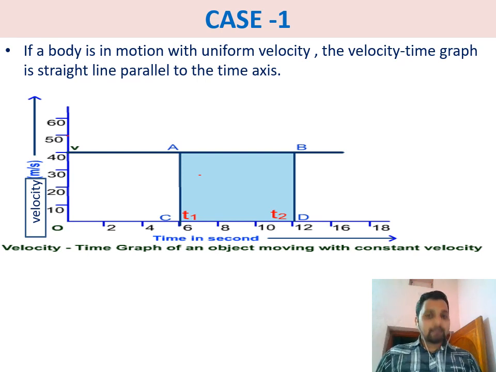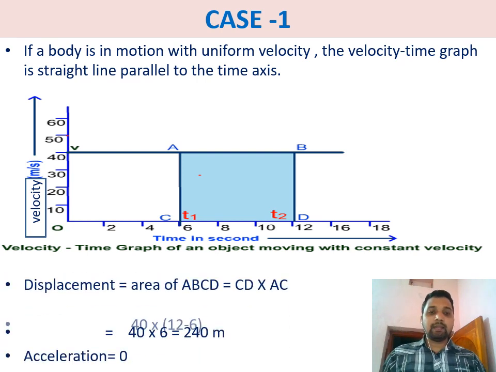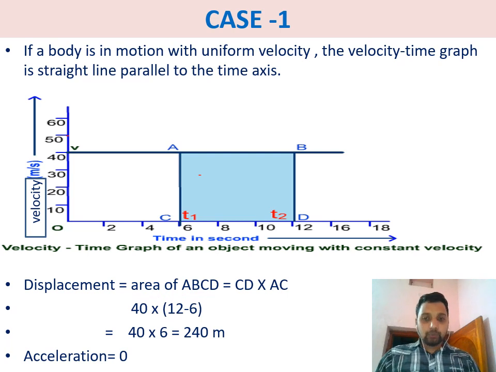So 12 minus 6 into AC or BD, which is 40 minus 0. That means 40 minus 0 into 12 minus 6. We get the displacement as 40 into 6, or 240 meter. Whereas acceleration for this type of graph is 0.